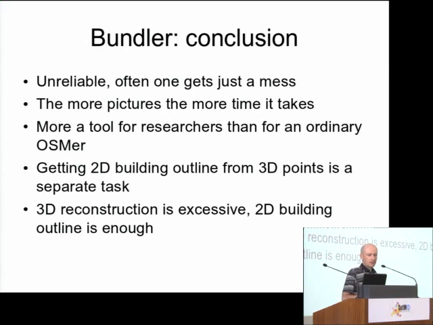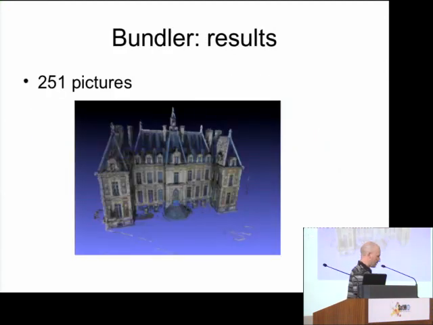Next, getting to a building outline from 3D points is a separate task. So we get a point set, but then we need a way to bring this set to JOSM. And I must say that this task was not solved. One could make a snapshot from the top, from a bird's-eye view, and use this snapshot in JOSM to draw the outline.